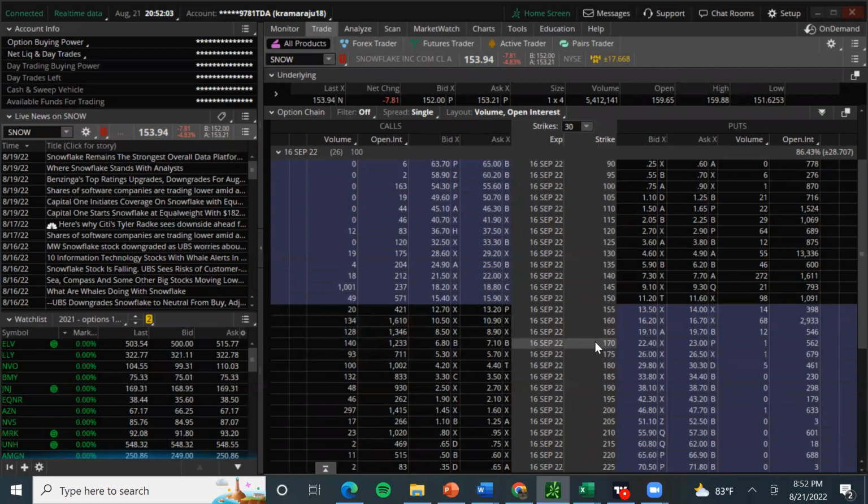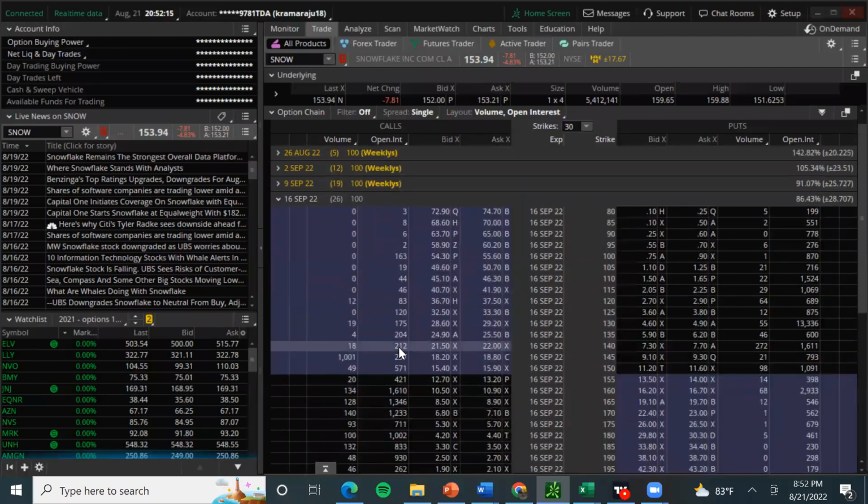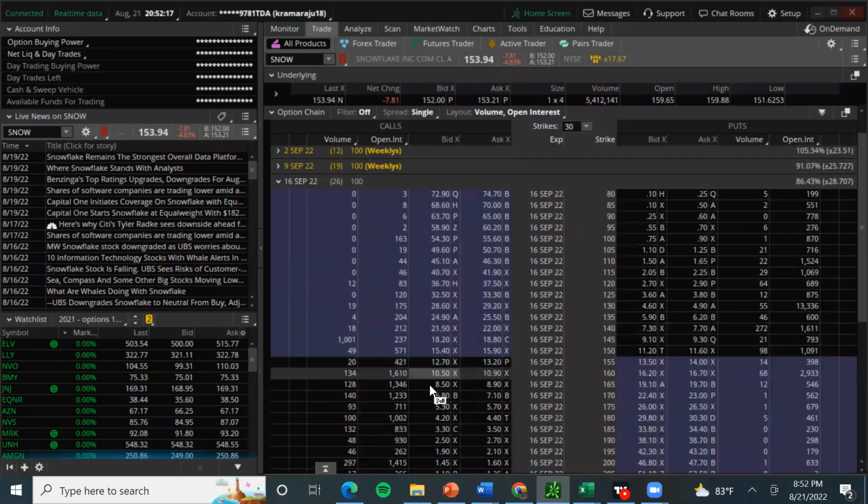Somewhere around 160 or 165, you might be paying slightly higher premiums, but you have more time. So your theta decay will be less, and even if it doesn't move in the next 2-3 days, you have a lot more time and the stock can move.